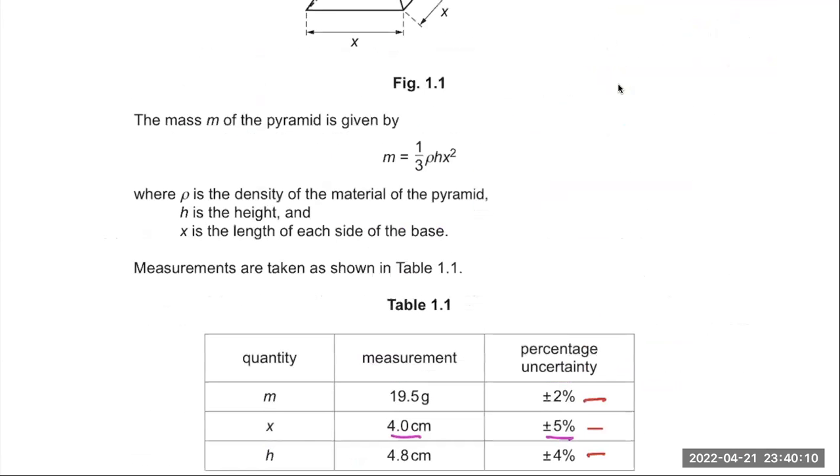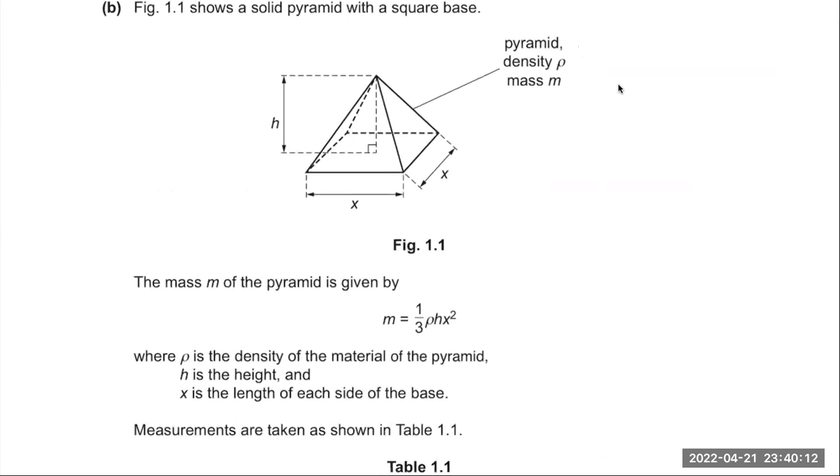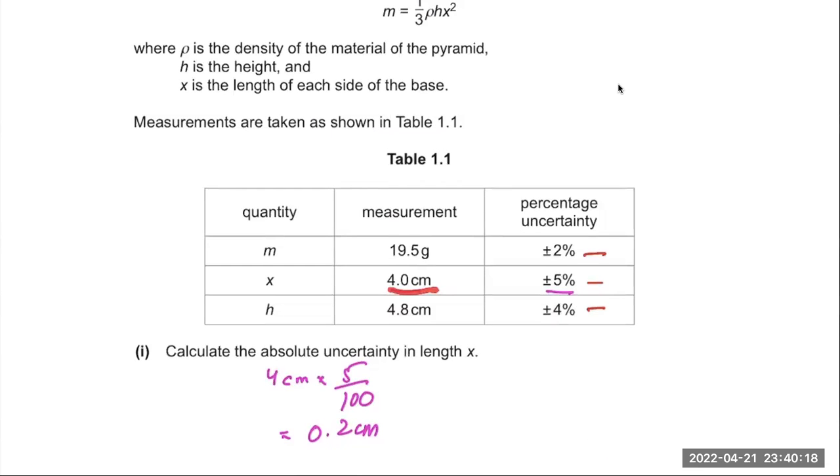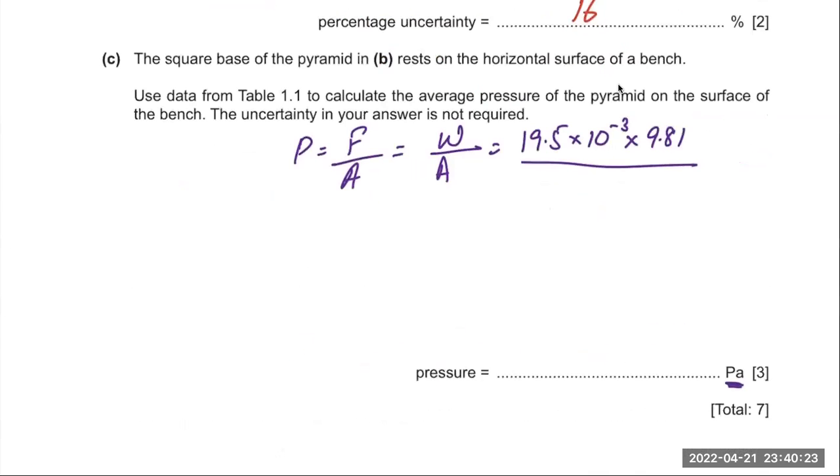Now, the pyramid has a square base, as we can see here, and each side, x, has a value of 4 centimeters. So the formula for the area of a square is length into length, or length squared. So this should be 4 squared, but 4 here is in centimeters. Once again, we'll convert it into meters. 4 into 10 raised to the power minus 2, squared.